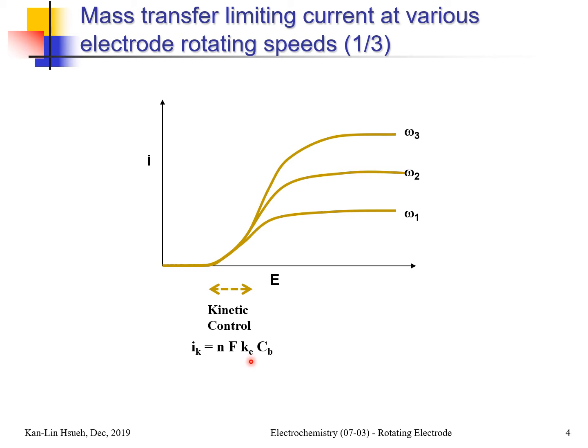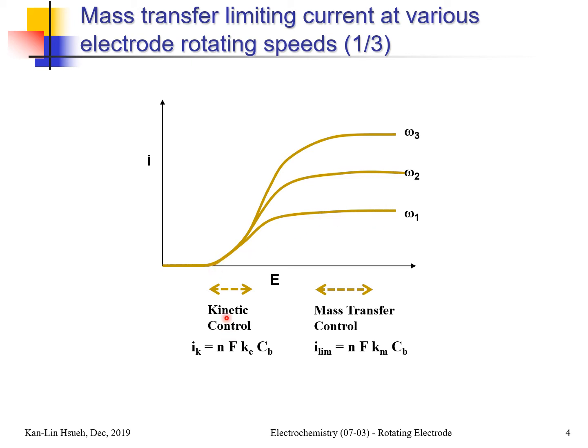It depends on the electrode potential. So as the electrode potential becomes more positive, going in this direction, it will increase, so this current increases. The other distinguished area is this region at high potential. Over here, if you increase the potential, nothing is going to happen. This is called the mass transfer limiting control, because here the mass transfer rate is small.